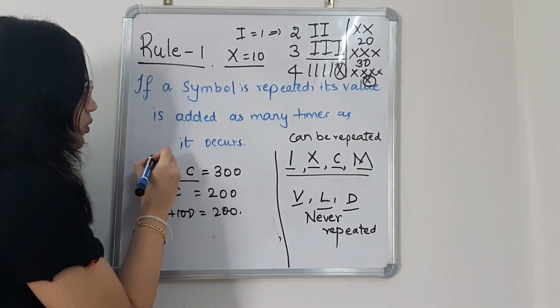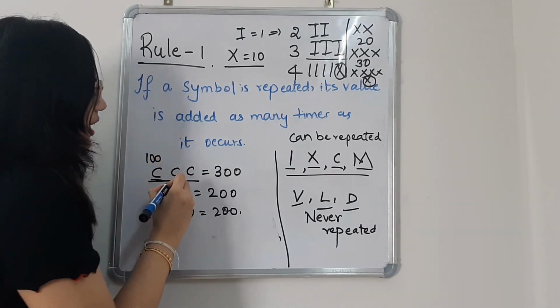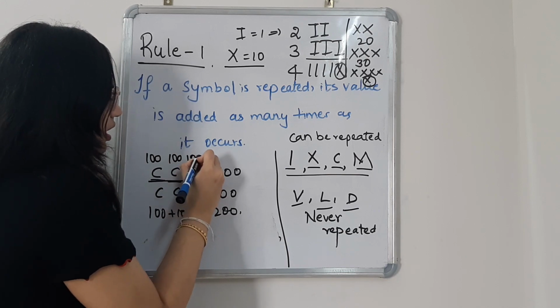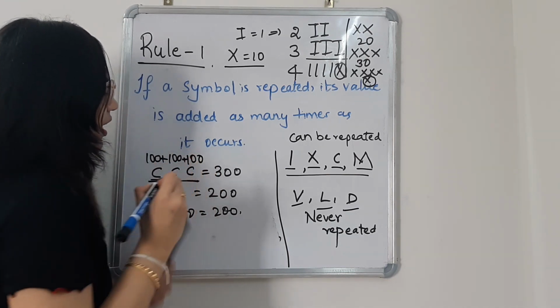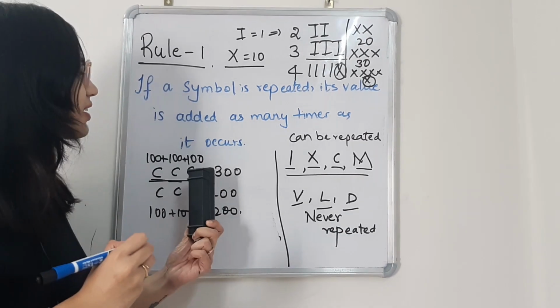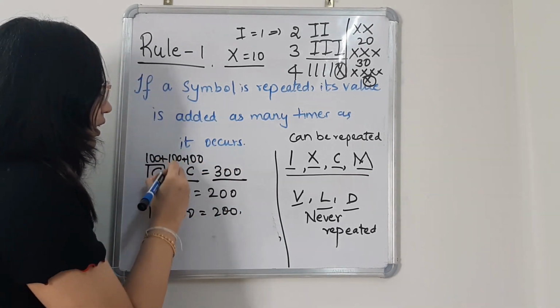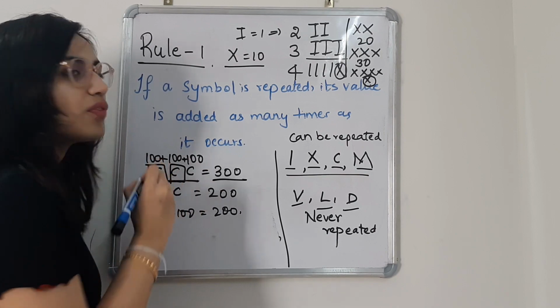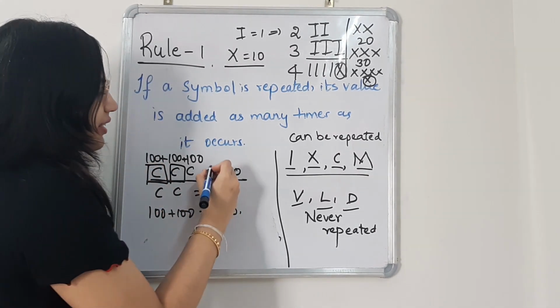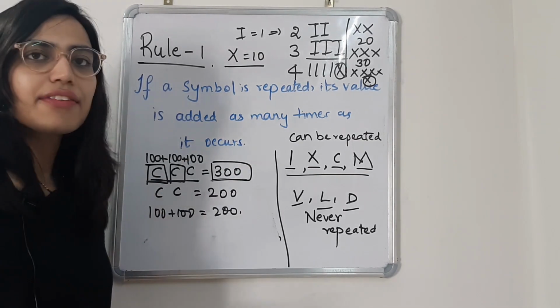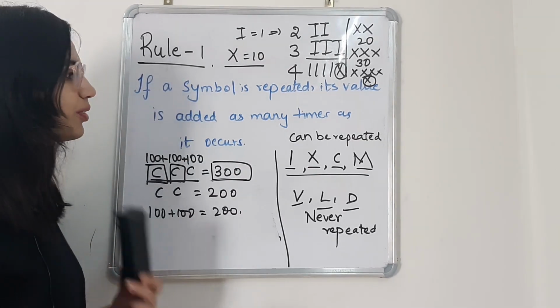Here, one C is equal to 100, the next C is equal to 100 and the next C is equal to 100. So if we add 100 plus 100 plus 100, we get 300. So by adding the value associated with each Roman numeral, we get the final value. That is how we write every number in the form of Roman numerals.